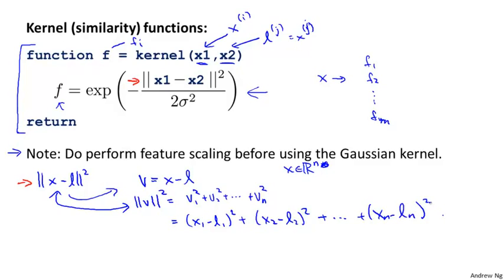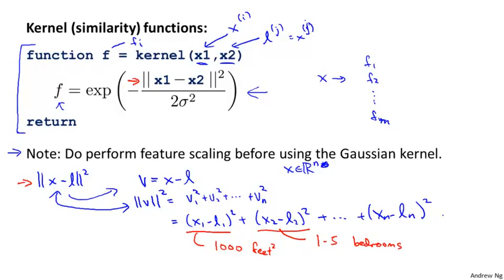And now if your features take on very different ranges of values, take a housing prediction example, if your data is some data about houses, and if x1 is in the range of thousands of square feet, but if your second feature x2 is the number of bedrooms, in the range of 1 to 5 bedrooms, then x1 minus L1 is going to be huge. This could be like 1,000 squared, whereas x2 minus L2 is going to be much smaller.